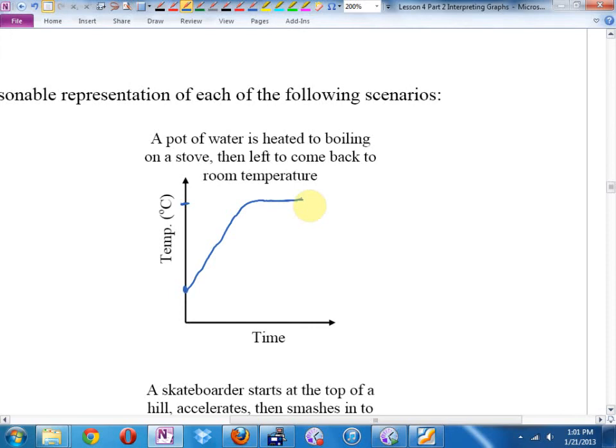Now, the question, and I have to think about this, is does it cool off faster than it heated up or not? Probably it cools off slower than it heated up. Well, it's cooling down at room temperature. In fact, here's what I think really happens.